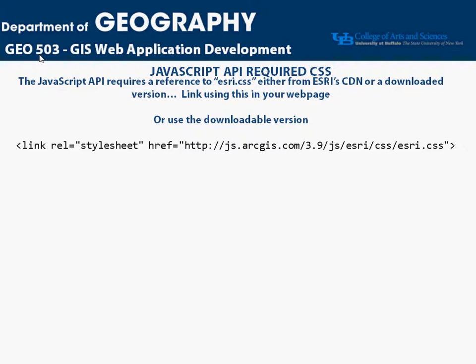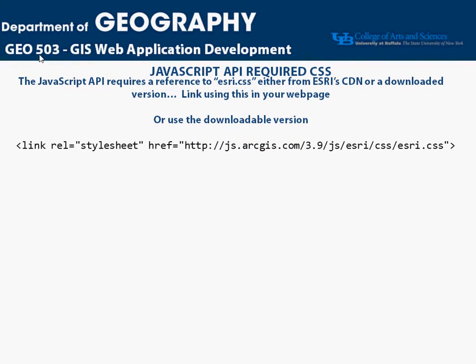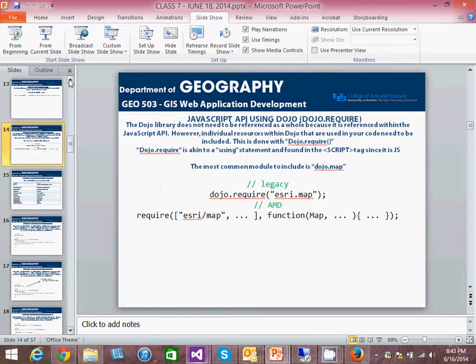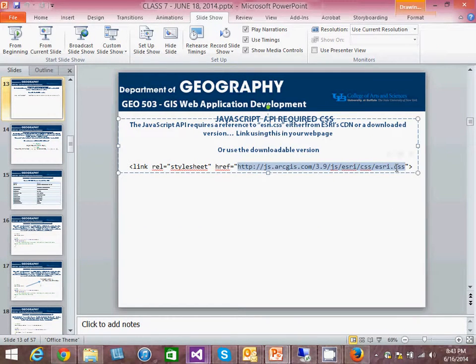We had earlier discussed using the CDN to reference. You could also download it. I don't really have a slide to show that, but what you would do is go to that website, grab the code, download it, and reference it locally.